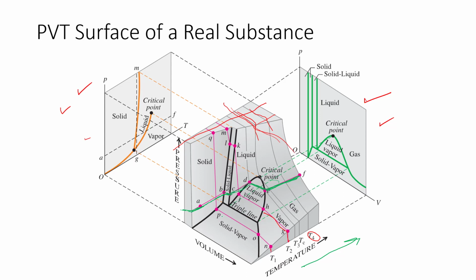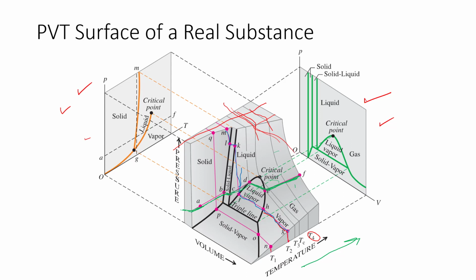Now along the line G, H, J, K, L, M, let me use a different color here to denote that. If we move along this one, G, H, J, K, I'm not drawing the line straight, it's hard to draw a straight line on PowerPoint.